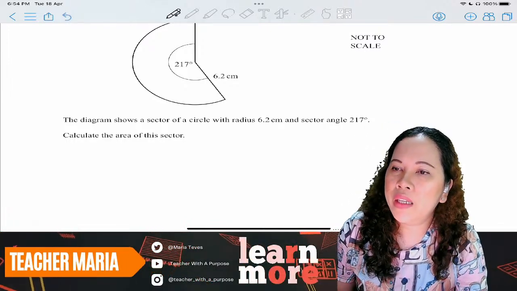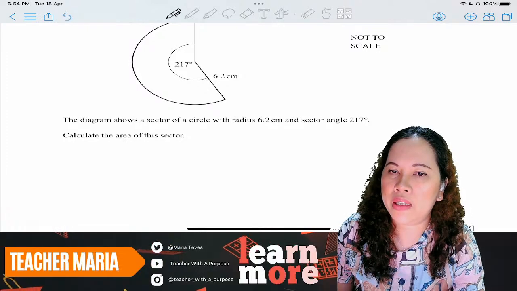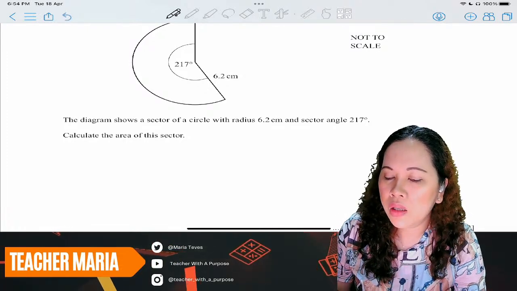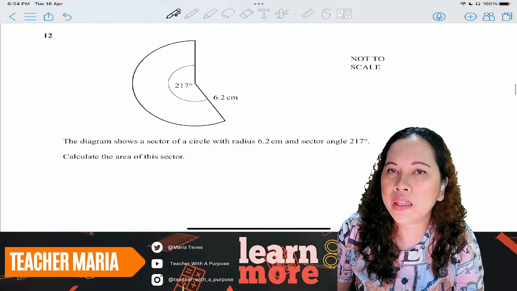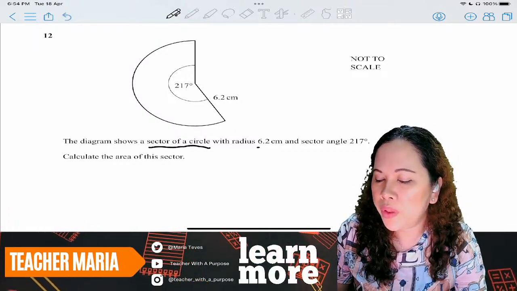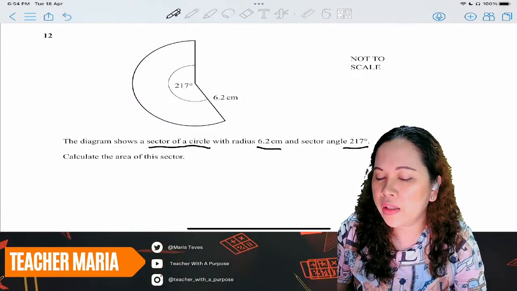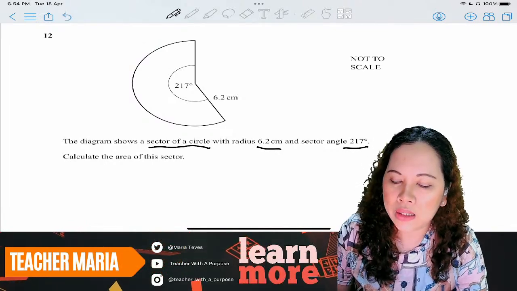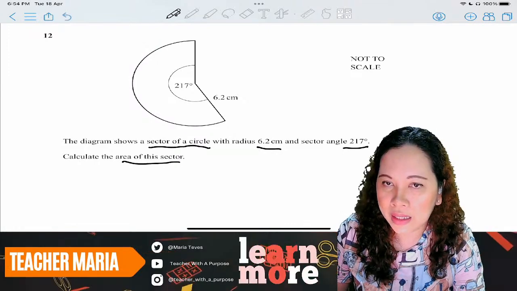Okay, the next question that we have here is: the diagram shows a sector of a circle with a radius of 6.2 and an angle of 217. Calculate the area of this sector.